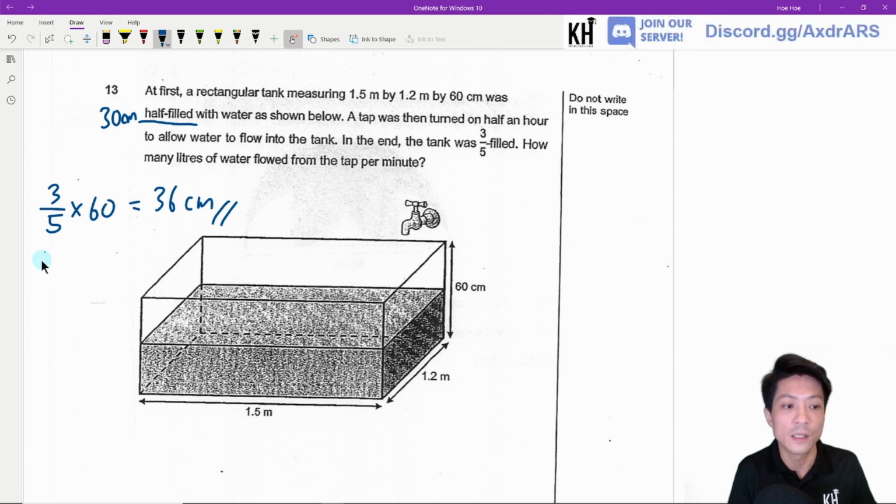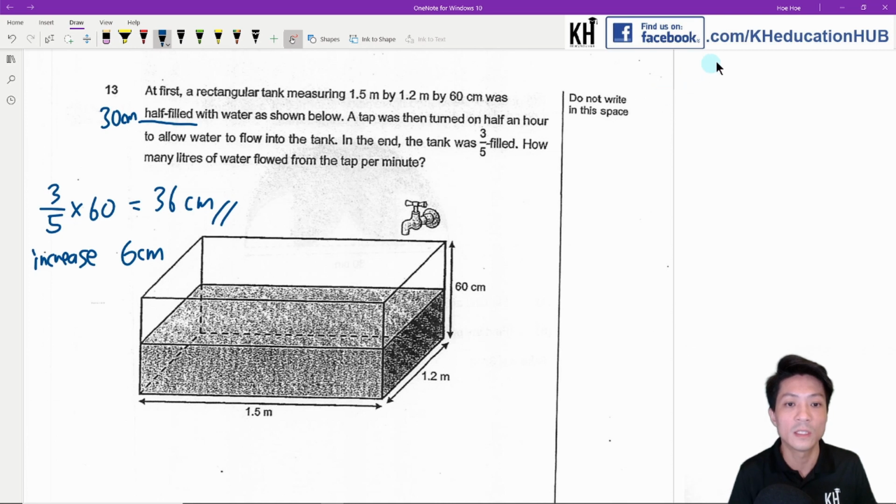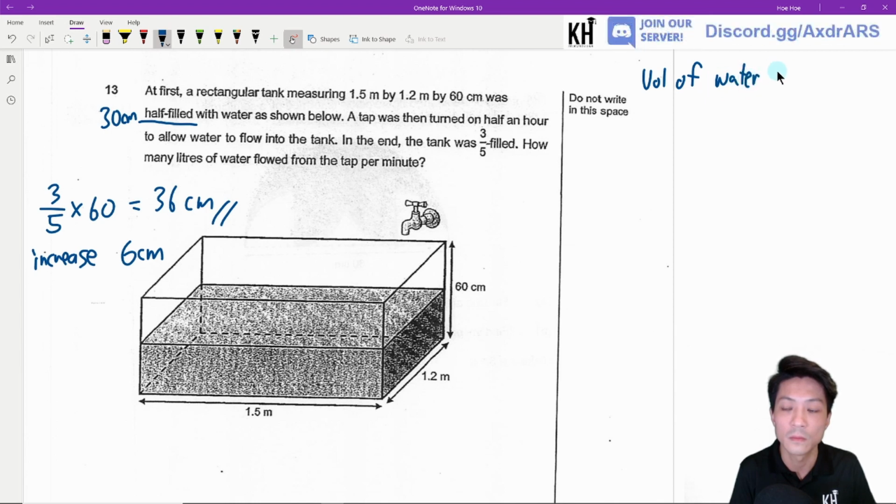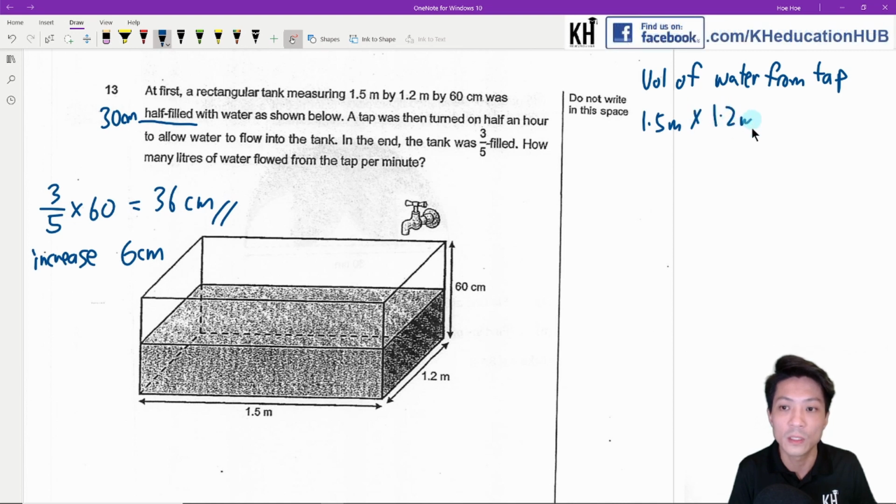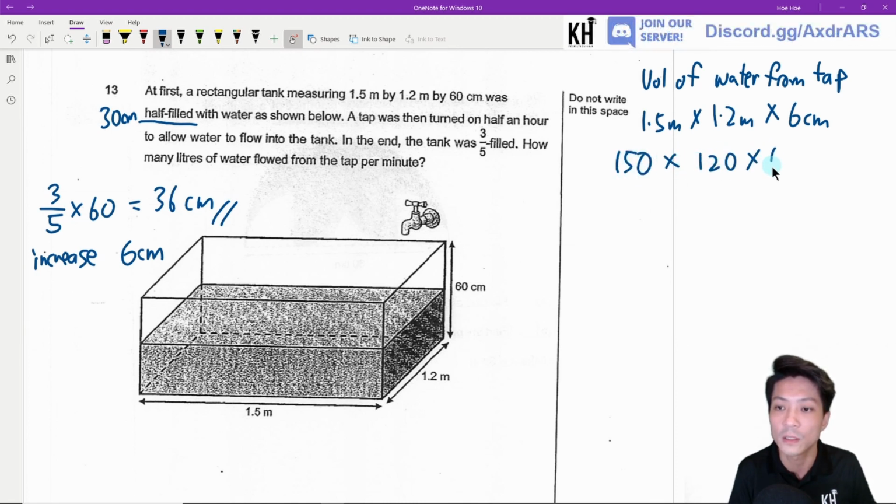Okay, that means there is an increase of 6 cm, right? So to find the volume of water that flowed out from the tap, I'm gonna use 1.5 meter times 1.2 meter times 6 cm. I'm gonna convert everything to centimeter, so it'll be 150 times 120 times 6.